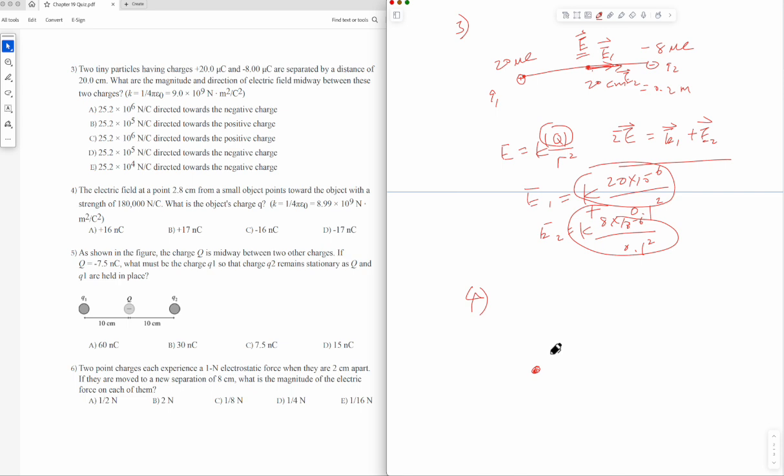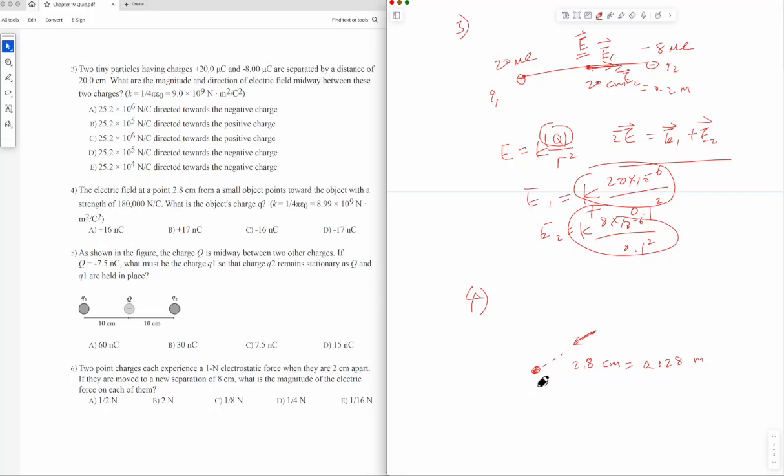The electric field at this point, 2.8 centimeters, is equal to 0.028 meter, from a small object, points towards the object, with a strength of 180,000 Newton per Coulomb. What is the object's charge?